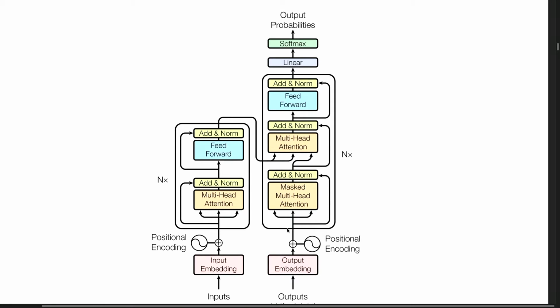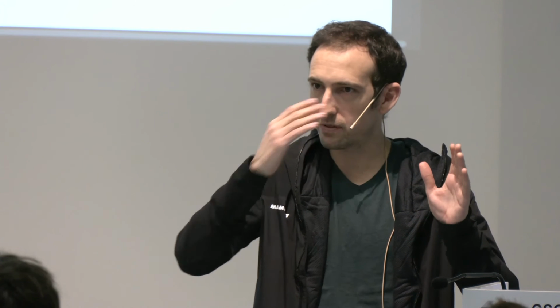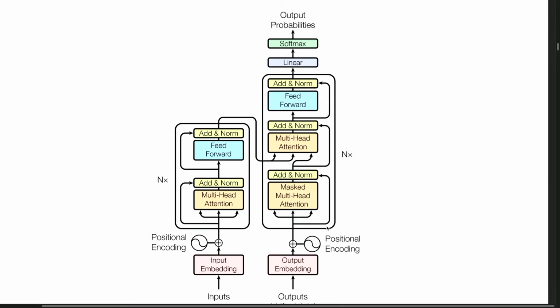And you want it to get information from English, and information from, remember the start token and the first part of the German sentence, and give you new words. But if you train it in such a way that it can see the whole sentence in German, then it's not going to be useful, because it can learn wrong what to predict, because it already has the answer inside of the inputs.